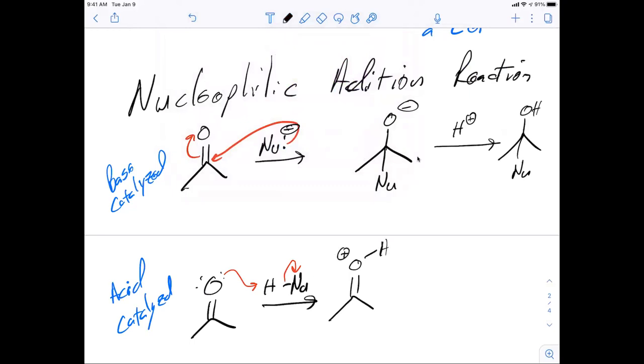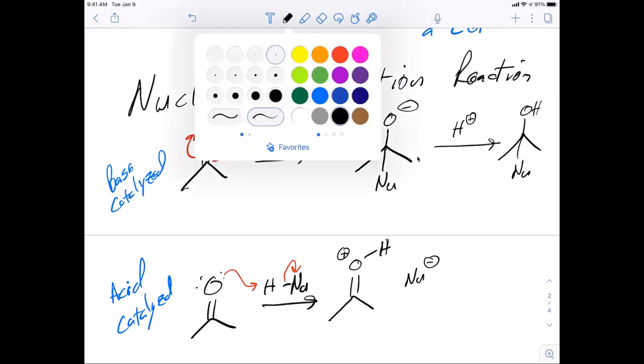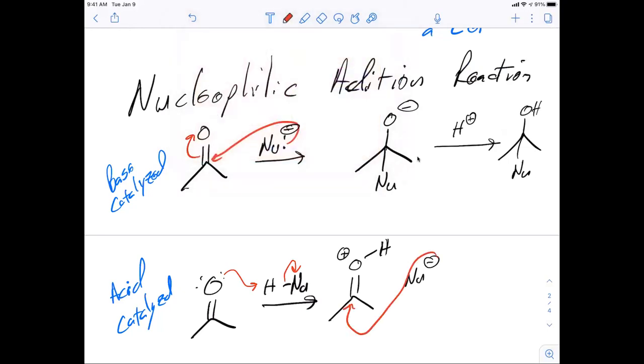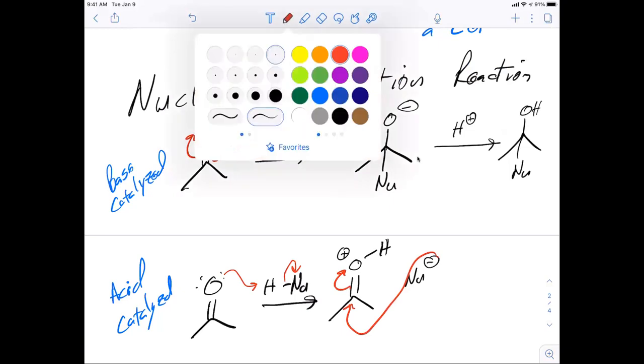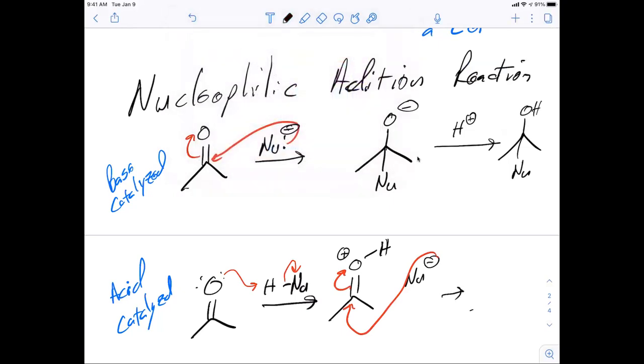Now we have this positive, making this even more electrophilic. And then the nucleophile can attack the carbonyl carbon to result in about the same product, right?